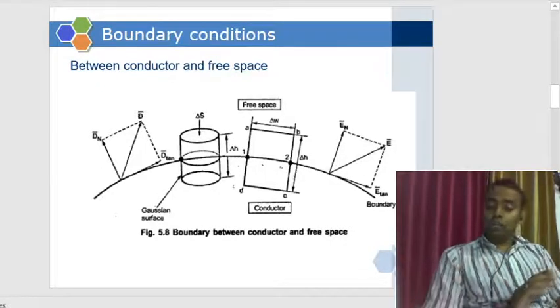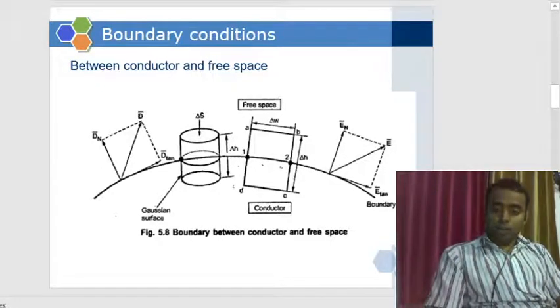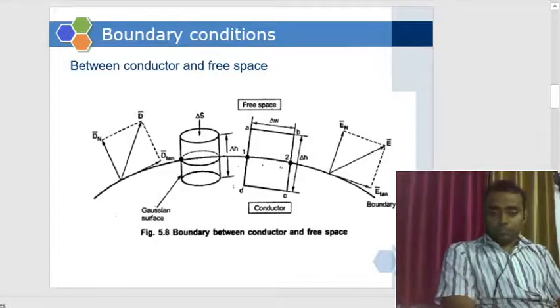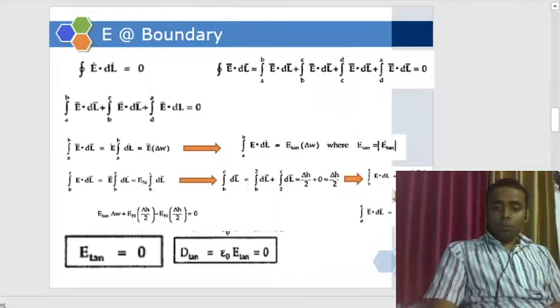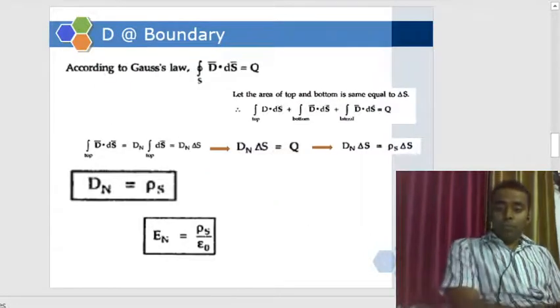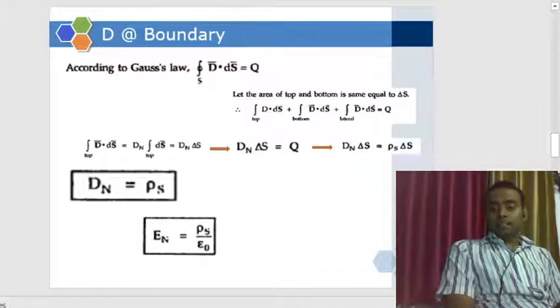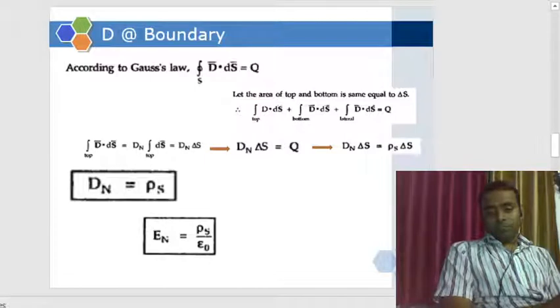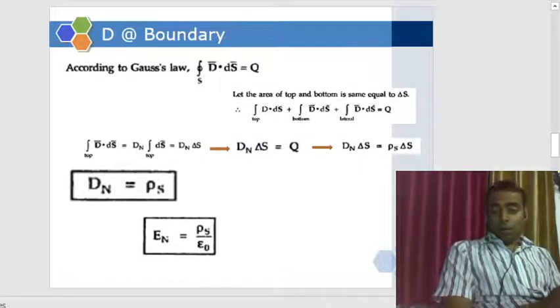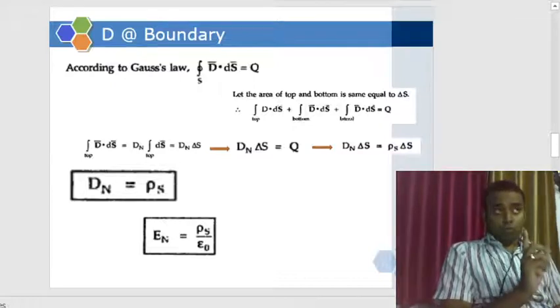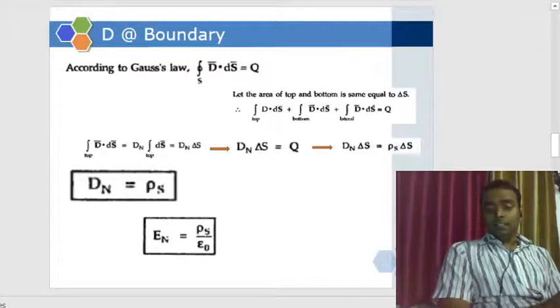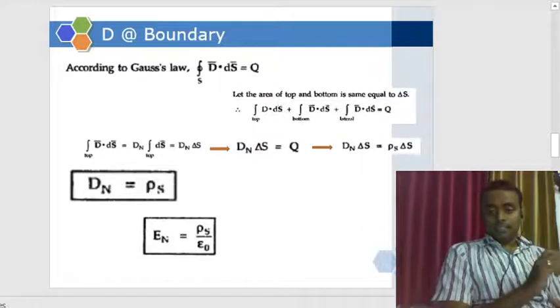So there will be no flux coming out at this point from the lateral surface. Okay. So the surface integral of D dot dS at lateral will be 0. And from bottom, of course, no charge and no flux density exists inside the conductor.